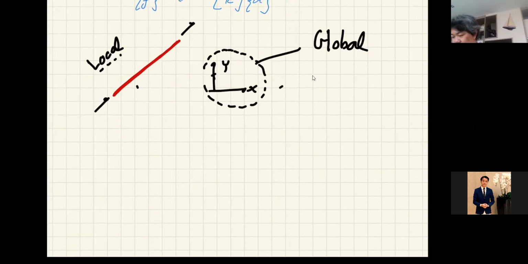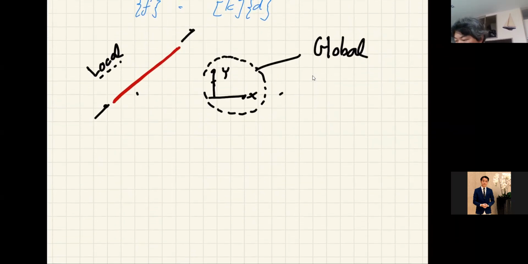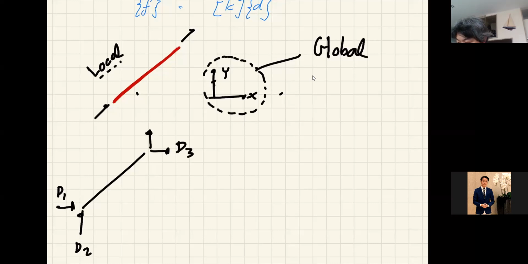You can see the picture. So from that, with this picture, with the global D1, D2, D3, and D4 into, let's use the black one.